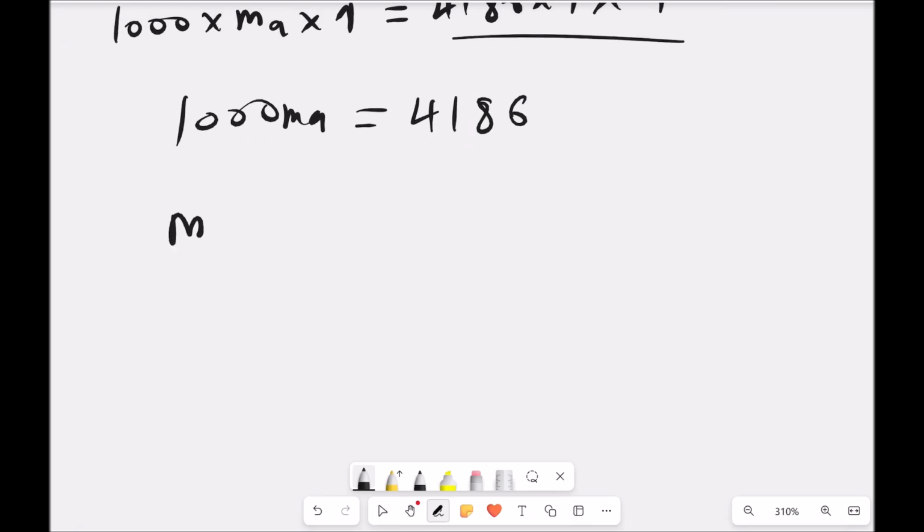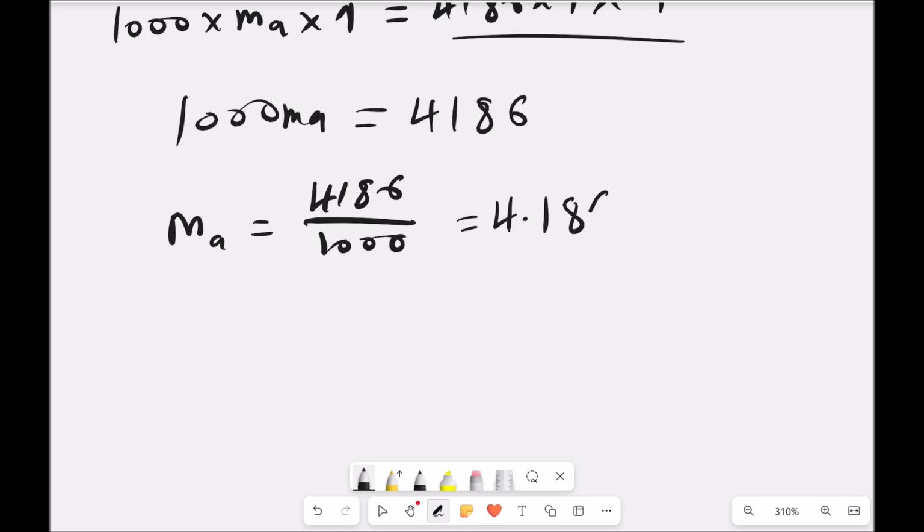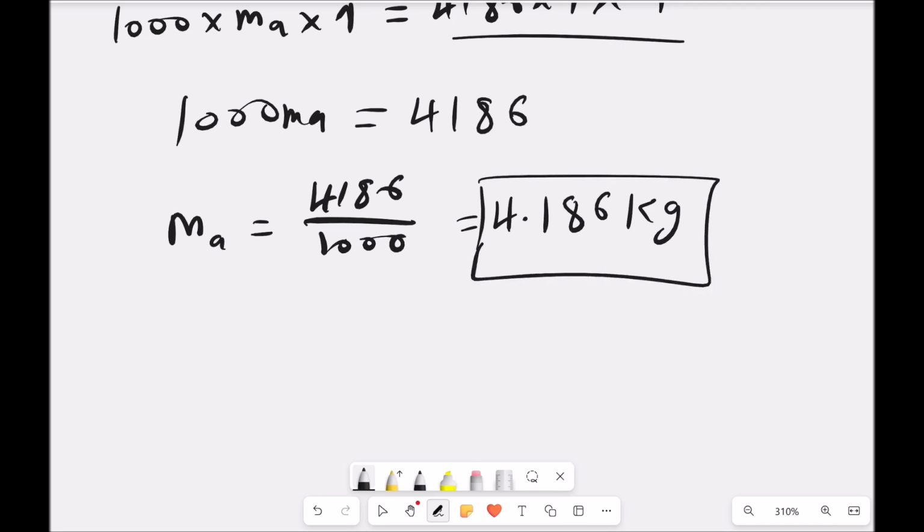Then mass of the air is going to be 4,186 divided by 1,000. We have 4.186 kilogram. This is the mass of the air.